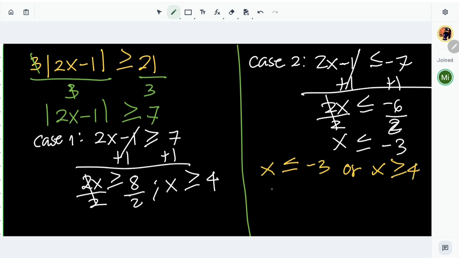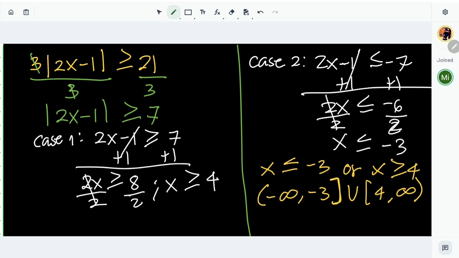Or in interval notation, that would be negative infinity to negative 3. 3 is included, so it should be a bracket, union, x is greater than or equal to 4. 4 is included, to positive infinity. You got that? Okay. No questions on this?